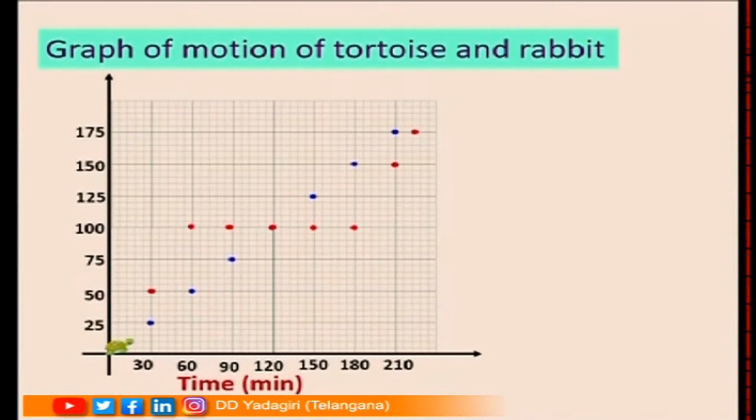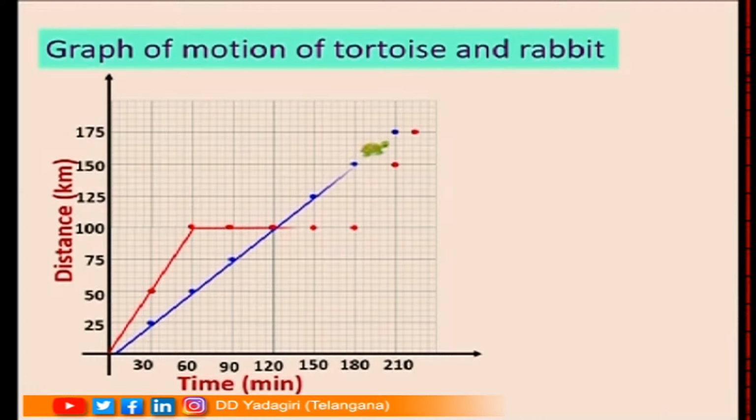Now we are going to draw the graph for the motion of the rabbit and the tortoise. Observe here, for tortoise and rabbit, this is the graph. What do you observe? This red line represents the graph line of the rabbit and the blue line is for the tortoise.